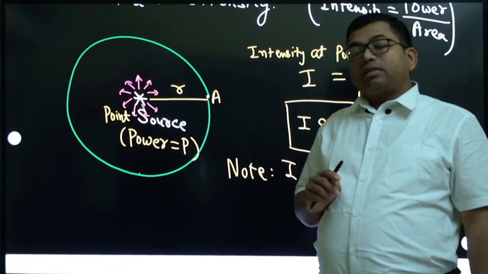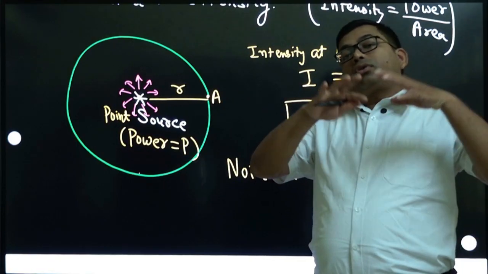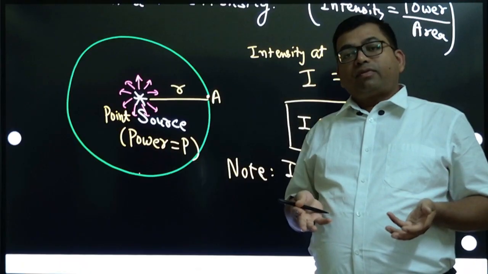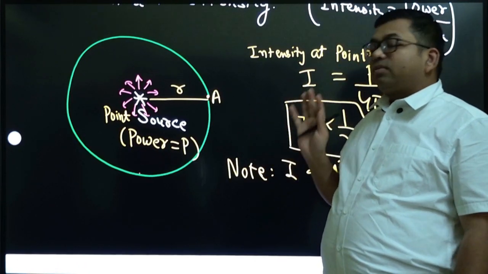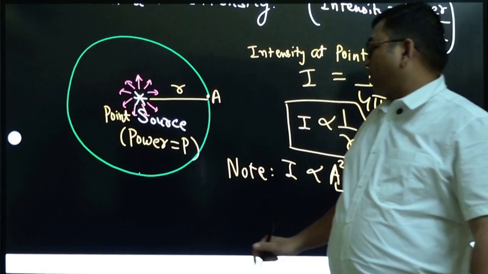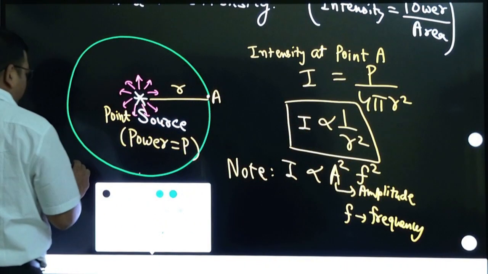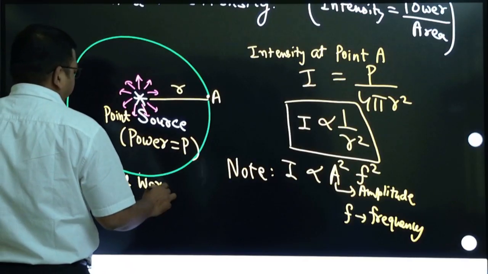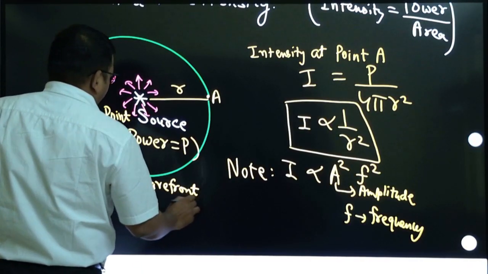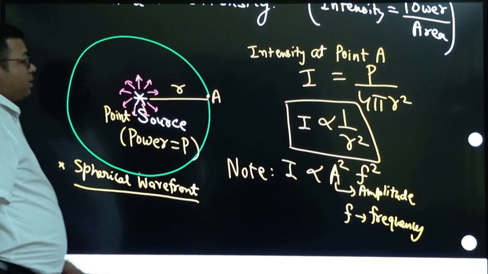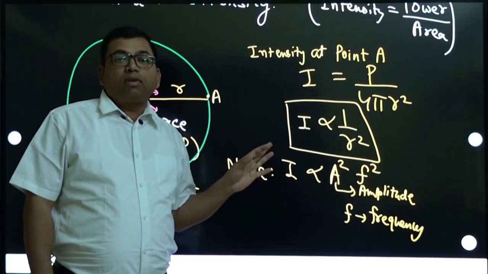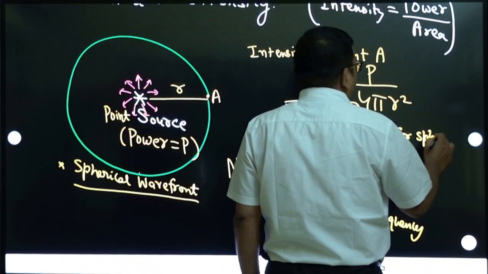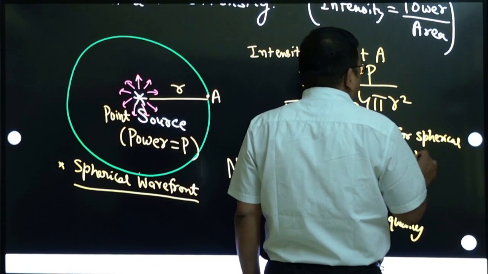So if you consider the source at the center and join all the points which are at equal distance from the source, it will be a sphere, right? This is called a spherical wavefront. And this concept of intensity is only true for spherical wavefront.